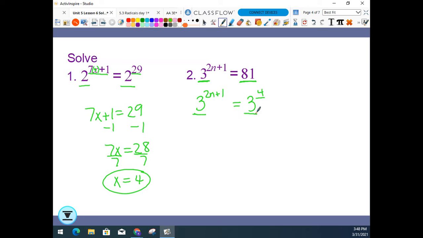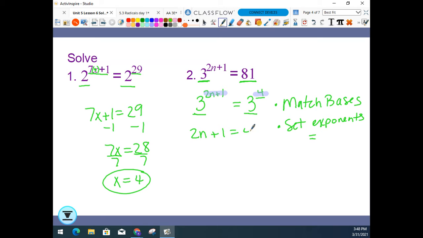Once the bases match, set the exponents equal. So we match, step 1, match the bases. Step 2, set exponents equal to each other. 2n plus 1.